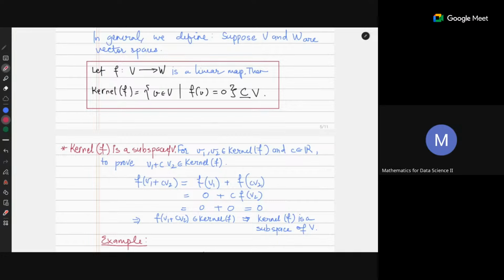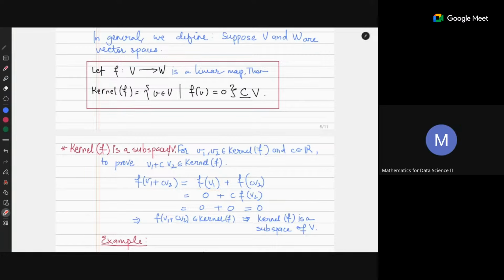Yes, Sambhavi. Can you explain this one more time, sir? Which part is not clear? This f of v1 plus c, second step. How is f of v1 0? What is f of v1, given v1 is in the kernel, right? Yes, sir.